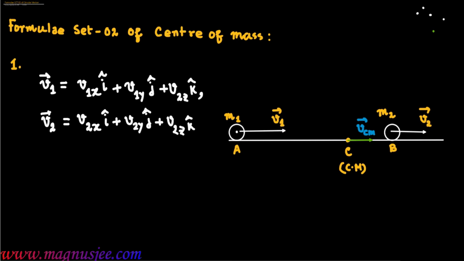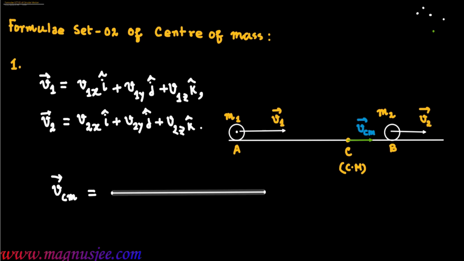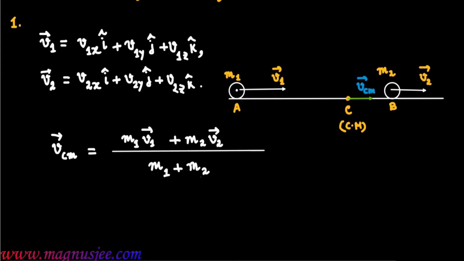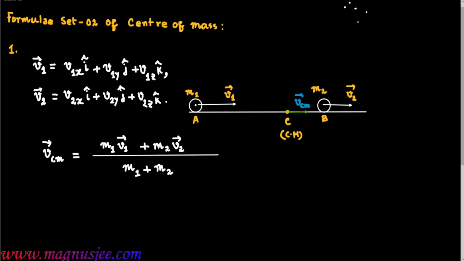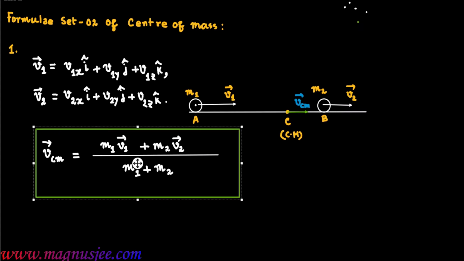Now vector vcm, that means the velocity vector of center of mass, will have the expression m1 vector v1 plus m2 vector v2, whole divided by m1 plus m2. This is the expression of the velocity vector of center of mass.